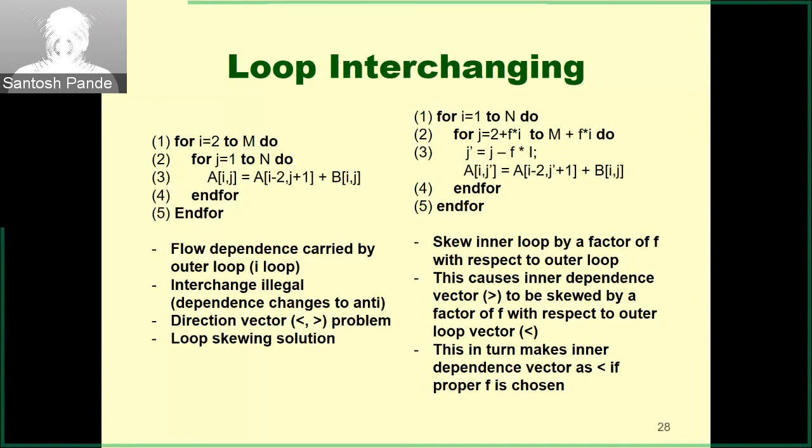Even if we have multiple dependencies in the inner loop, such as one less than, you will see that it remains as it is. It doesn't get changed like with a reversal technique. And we will see the details of how to choose this f and how this gets skewed in the next lecture. It's a very interesting transformation.